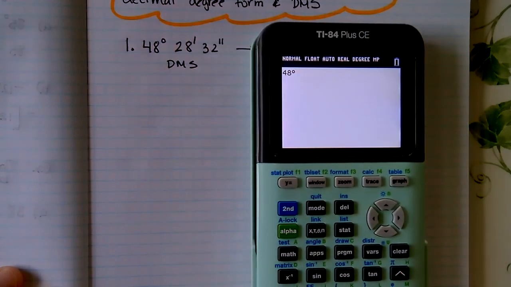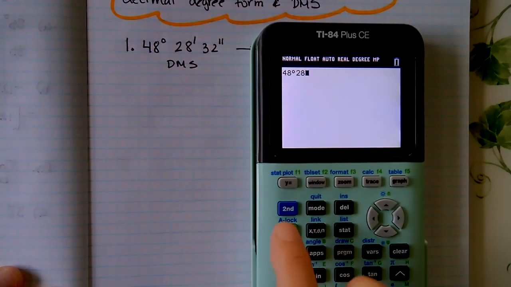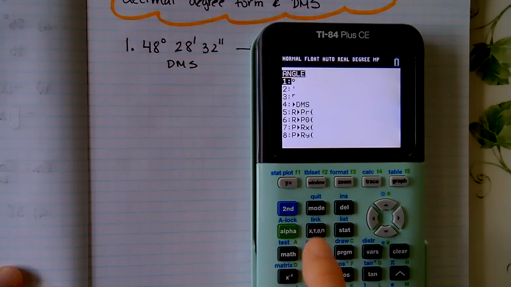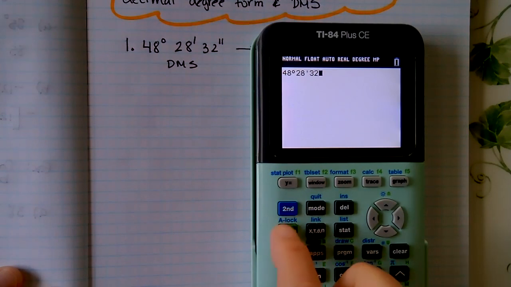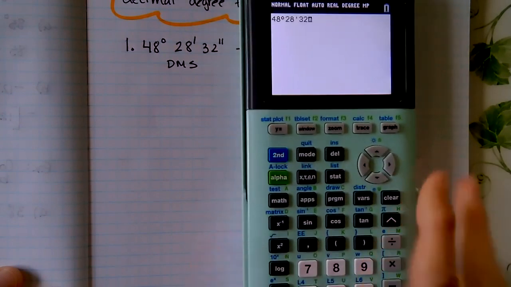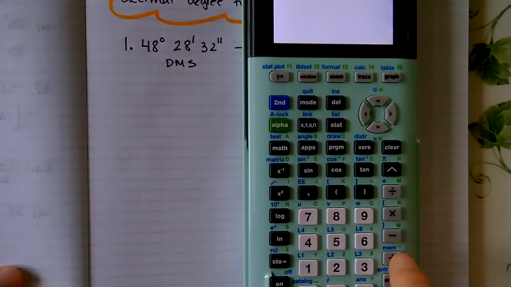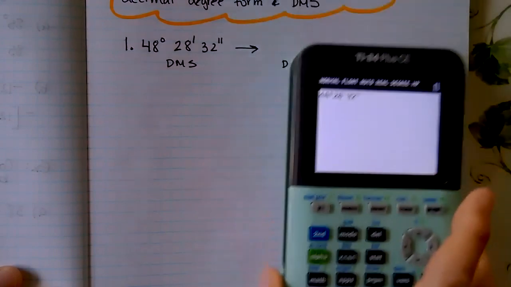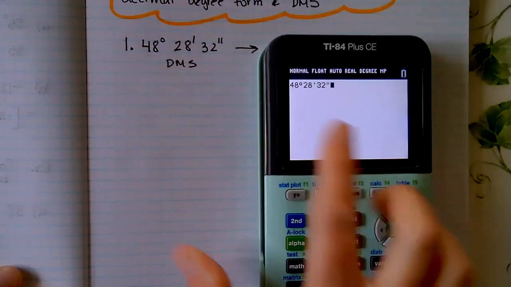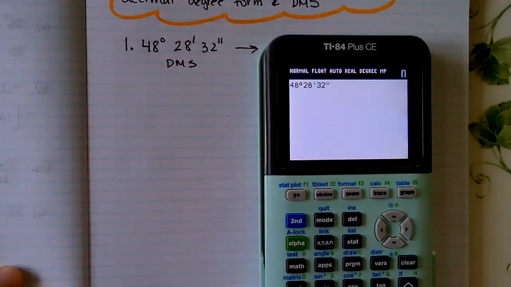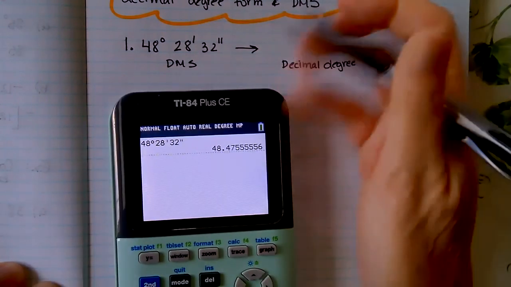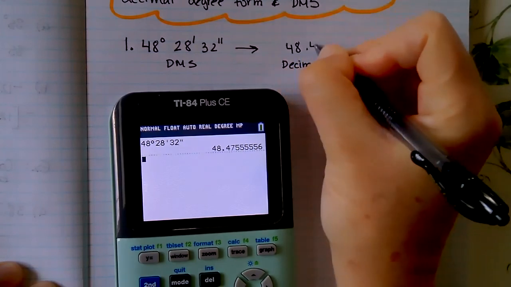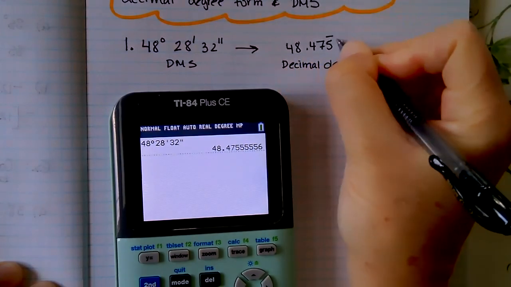Okay, and then I'm going to do 28, and then I'm going to hit second and apps, and I want number two. And then I'm going to do 32, and I'm going to do alpha and the plus sign, because the plus sign has that on it. And I end up with 48 degrees, 28 minutes, 32 seconds. And it will give me that answer, okay, which is 48.475 repeating degrees.